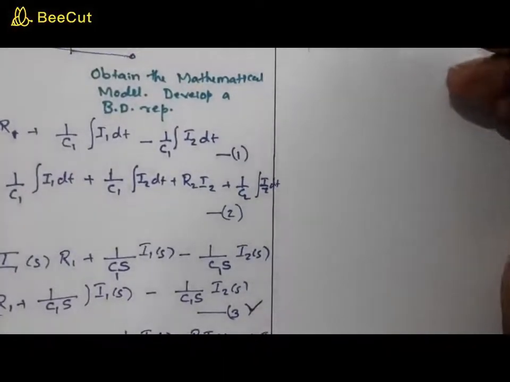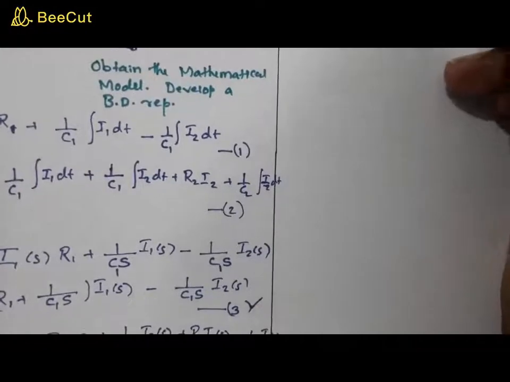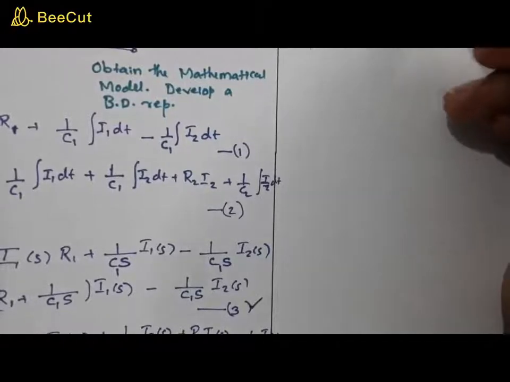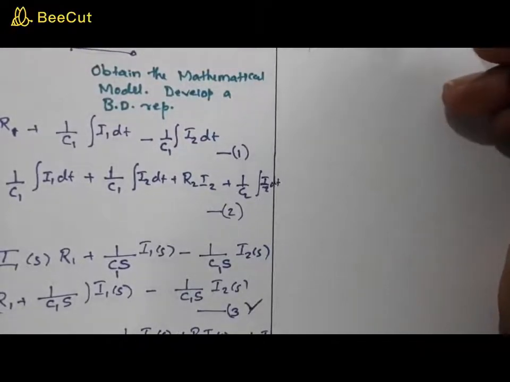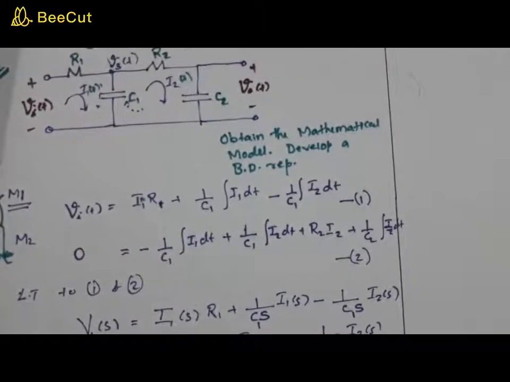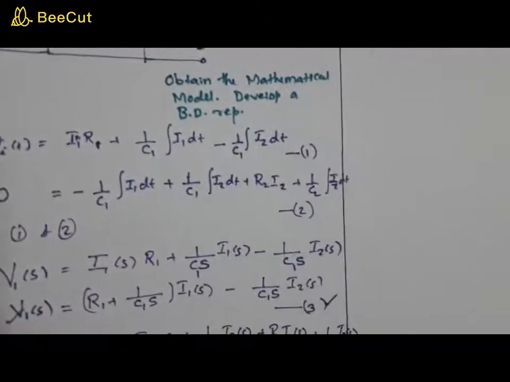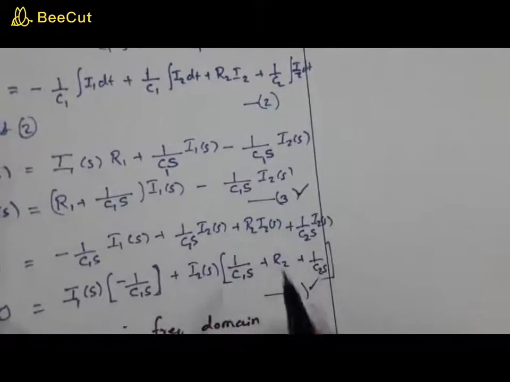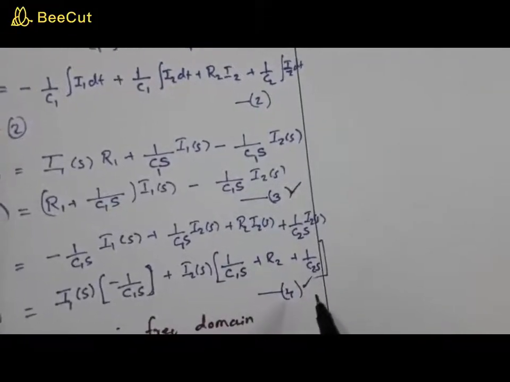You need to assume the current to be I2 of s. This I2 of s is in opposition to I1 of s, that's why this minus sign, I1 of s into minus I1s, so that becomes a part of this I2. Now I2 of s is I2 of s into 1 by C1s, plus you have two more terms, that is R2 plus 1 by C2s.